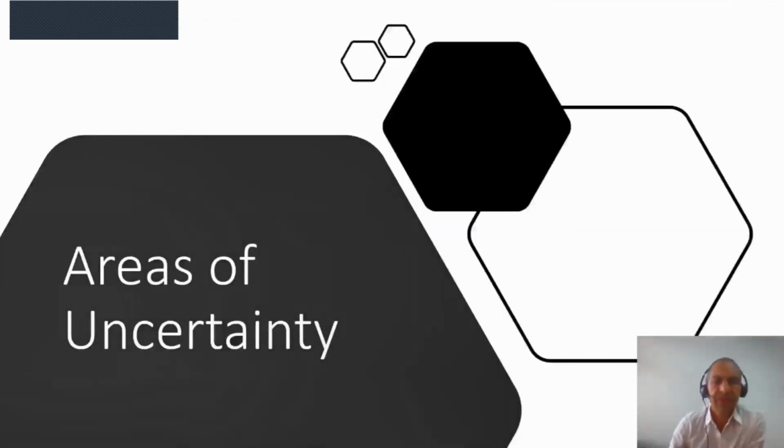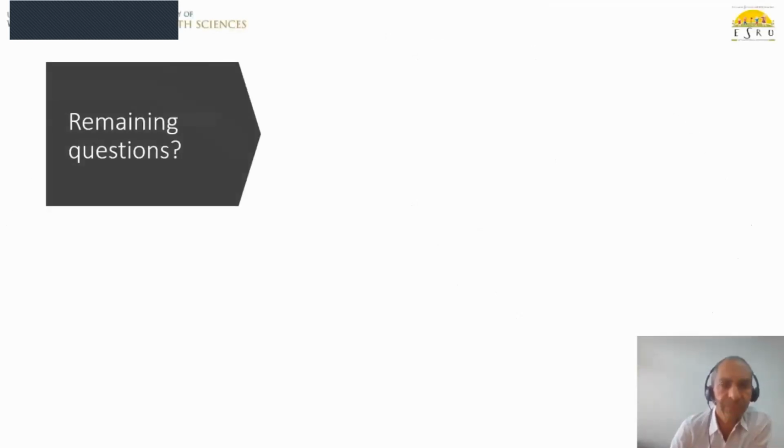Finally, and potentially this is one of the more interesting parts of this discussion, where are there still areas of uncertainty? I must say these are areas that I've identified, but I suspect there may be others that are of interest to some of you, and we can hopefully take those up a little bit later in the Q&A session. So what remaining questions are there?